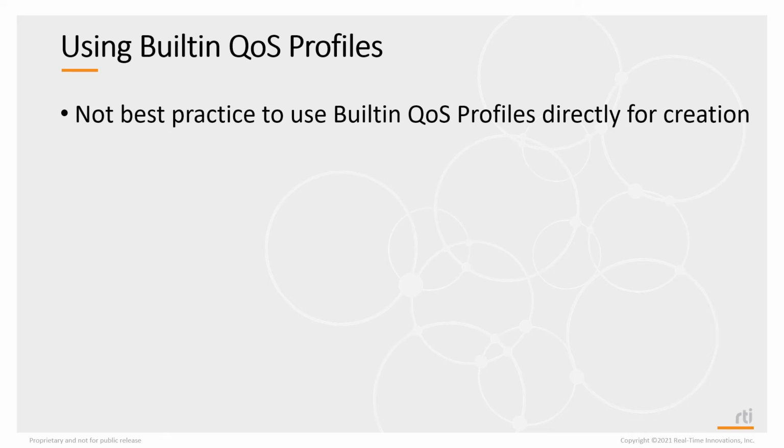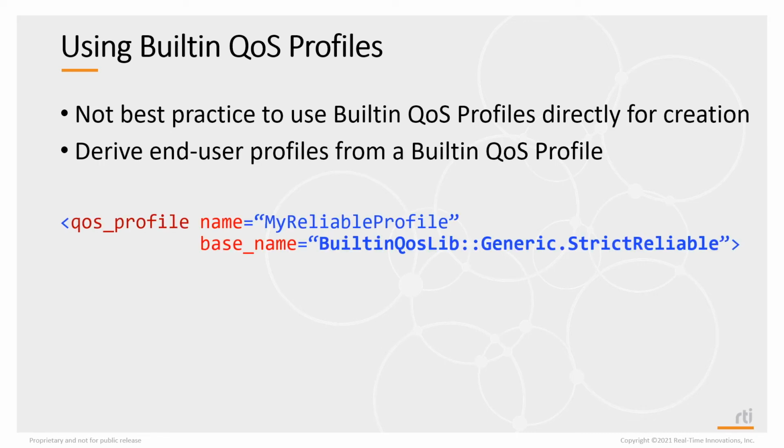That's not good practice, because once you do that, you can't modify that value, right? It's hard-coded what those QoS values are, and if later on you want to modify that value, no, you can't. So instead, what we suggest is you derive your end user QoS profile from a built-in QoS profile, even if you have nothing that you want to change at the moment.